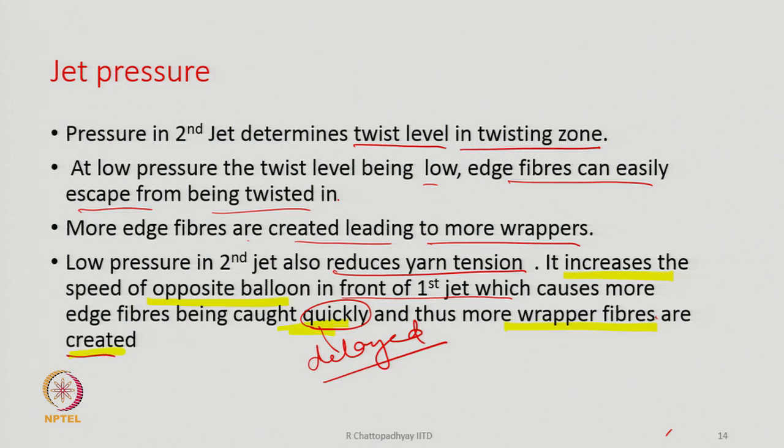So, there are quite a few different types of hypotheses which are proposed by different researchers. Point is, what is important is how much tapered fibers, how much edge fibers I am generating, and am I creating a situation that they get caught quickly or they get caught late.